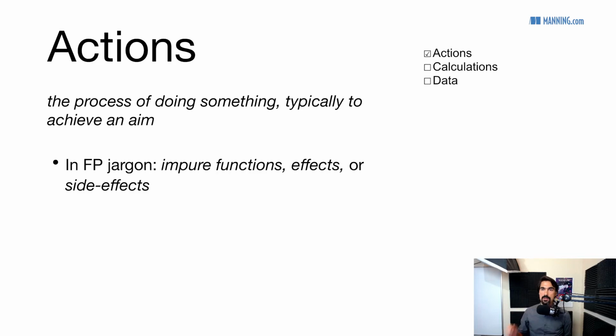We call them in FP jargon, you might have heard these terms before, impure functions, effects, or side effects. So these are the terms that you'll hear outside of these slides in my book. I use the term actions because I think that these are misleading and confusing when you're a beginner.